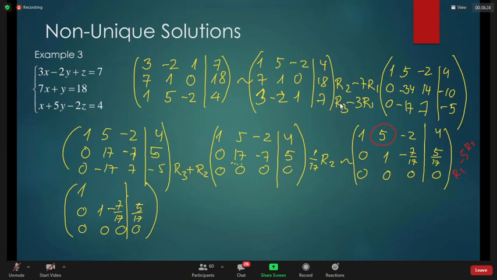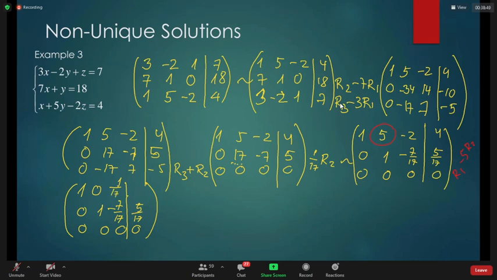Then 5 minus 5 will be 0. Now, minus 7 over 17 times minus 5 is 35 over 17. And minus 2 is minus 34 over 17. So this leaves us with 1 over 17 there.